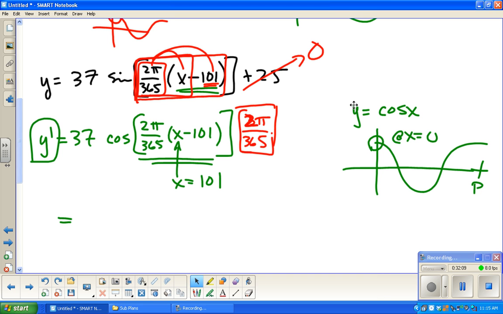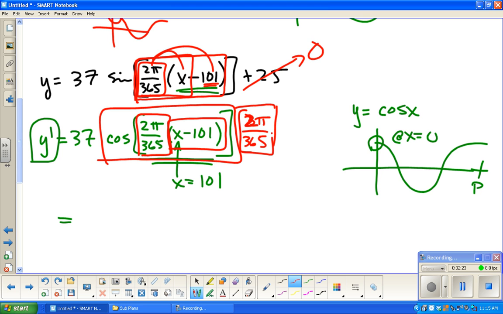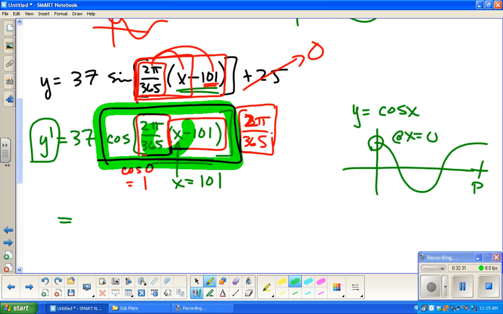So this is going to be kind of exciting, and by exciting I mean, really, is that it? 101 minus 101 is 0. 0 times 2 pi over 365 is still 0. The cosine of 0 is 1. So really, this whole thing in the middle is really just 0.